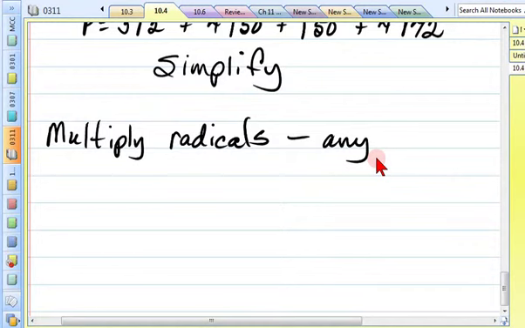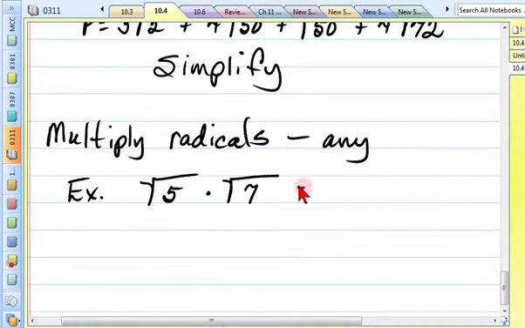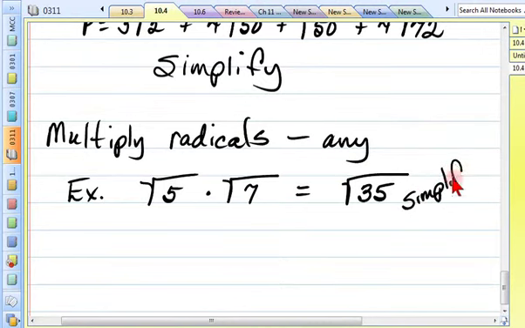All right, if I had the square root of 5 times the square root of 7, well, we've broken radicals apart. Now we're just putting them back together. We multiply and get the square root of 35. We do always ask ourselves, can I simplify that? Okay, so you'll always ask if you can simplify.